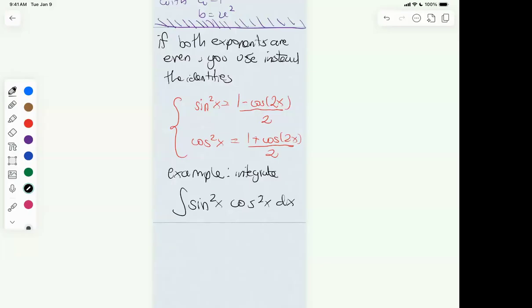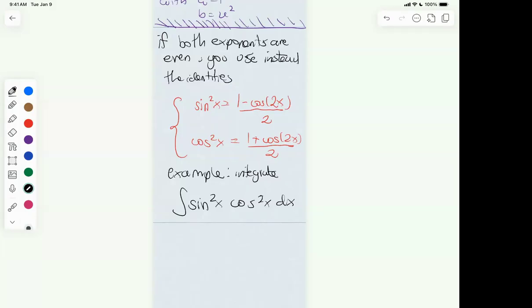If you choose one of the powers to be zero, then you're just integrating sine square or cosine square on their own. If you want them mixed, they need to start at two, and already four and two is a very high exponent that would take an amount of time that we don't want to spend. So sine square and cosine square are the sweet spot for showing the point without being too time consuming.